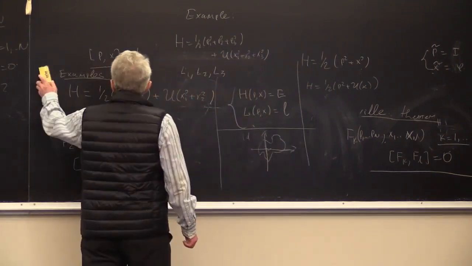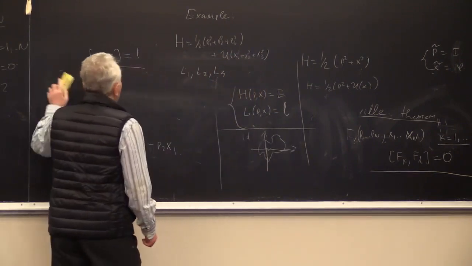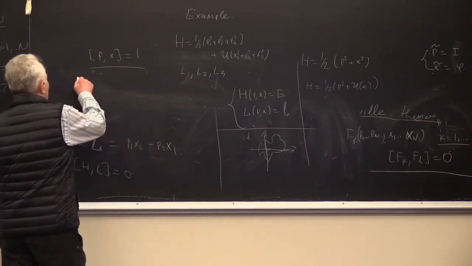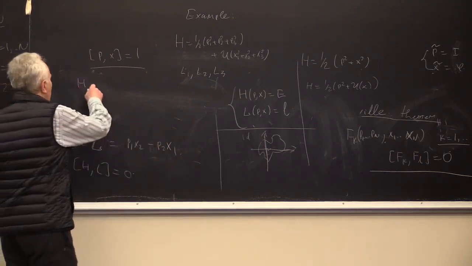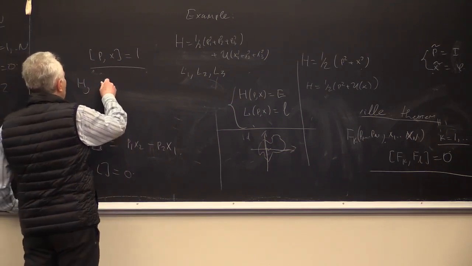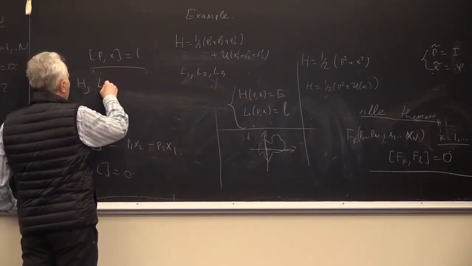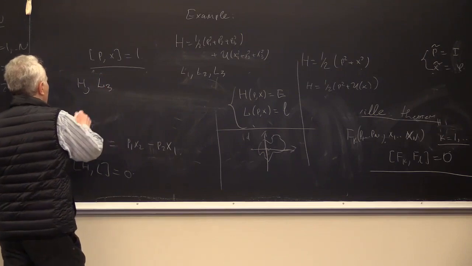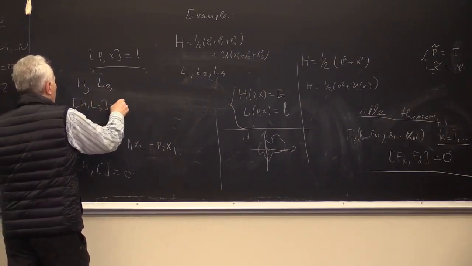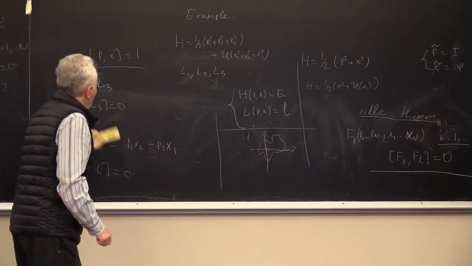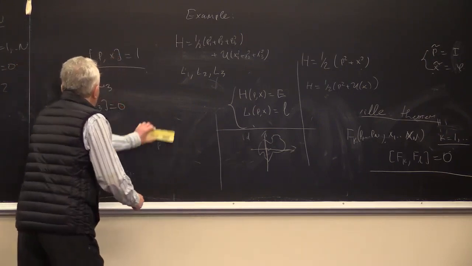So we need to do the following. We have H; this is one conserved quantity. We have, say, L3, which commutes with H, and we need something more.